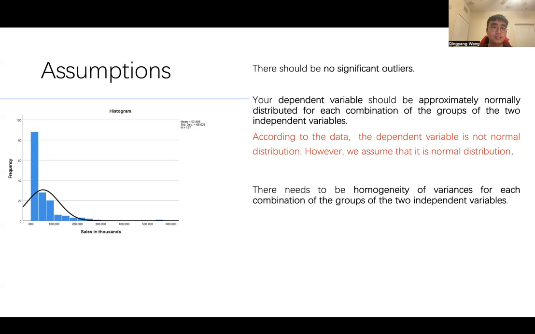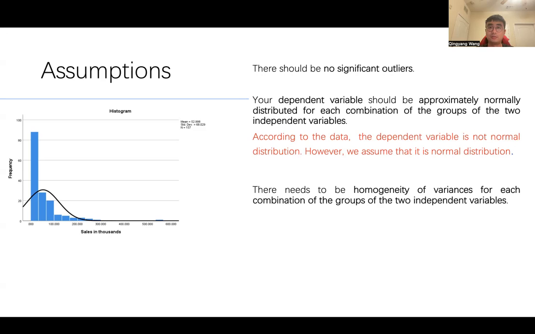I did this test and found that, according to the data, the dependent variable is not normally distributed. However, based on this assignment and this data, we assume that it is normally distributed. Then the last one is that there needs to be homogeneity of variance for each combination of the groups of the 2 independent variables. That's all the assumptions of the factorial ANOVA.